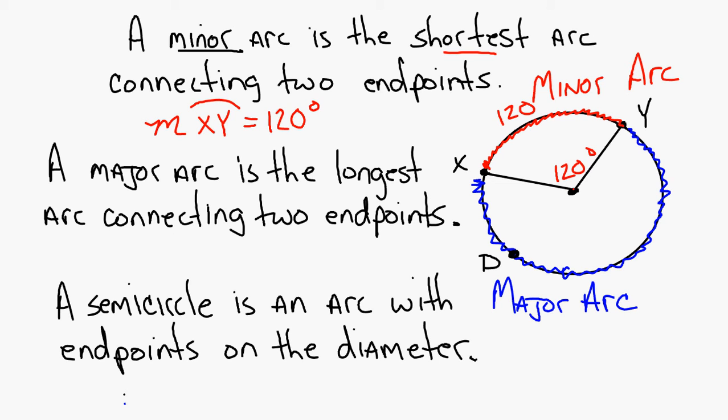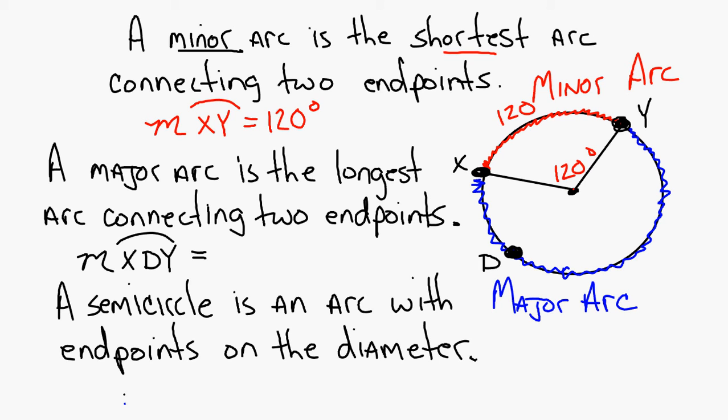Now this blue arc is going to be called XDY. The measure of arc XDY means you're starting at point X, going through point D, and finishing at point Y. When you see 3 letters in an arc description, it typically means that the arc is a major arc. So the measure of arc XDY.